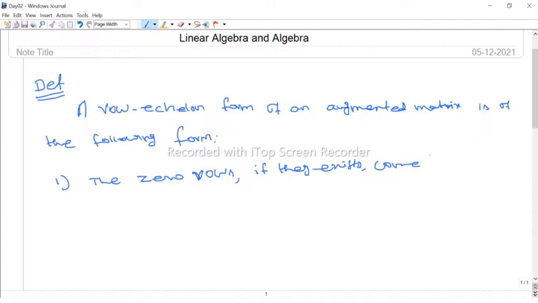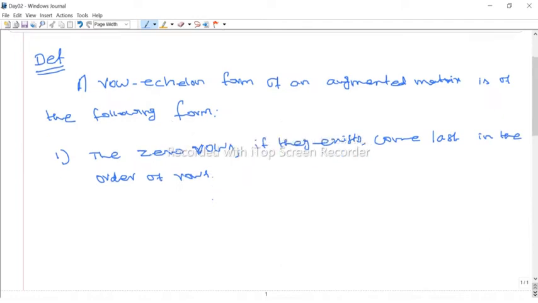Suppose in the matrix the first row itself is a zero row, we have to take that row into the last row. Okay, that is the first thing we have to do. So if a matrix contains any zero rows, maybe one zero row or two zero rows, we have to take all the zero rows to the last rows, at the bottom of the matrix.